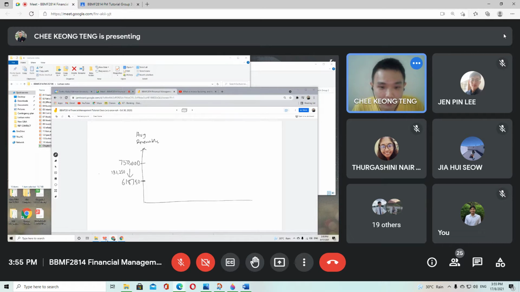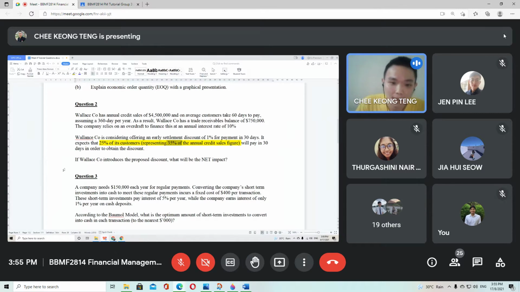Alright. So now, it is asking you, should you offer this discount or not? And it is telling you here, why do I draw that one? Because I want you all to understand this thing. The company relies on an overdraft to finance this at an annual interest rate of 10%.